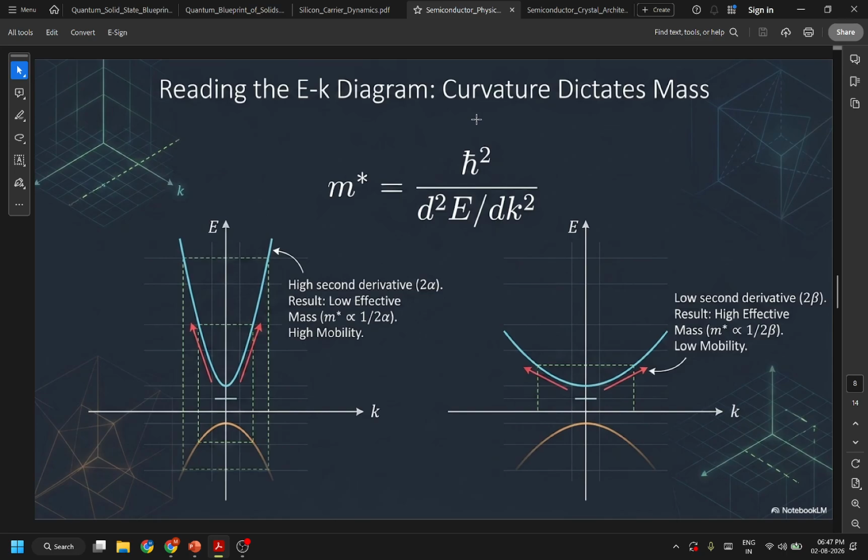So the curvature of these will define the mass. So the higher the curvature, the more reduction in effective mass, and hence there will be high mobility, whereas low curvature will result in a high effective mass and low mobility.